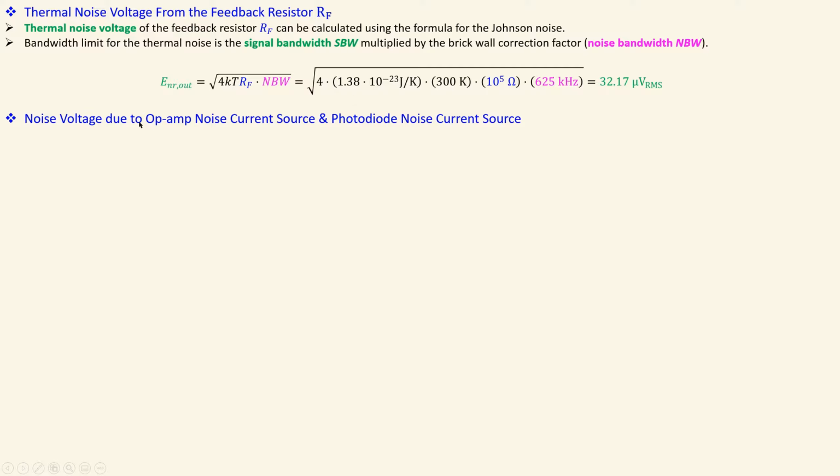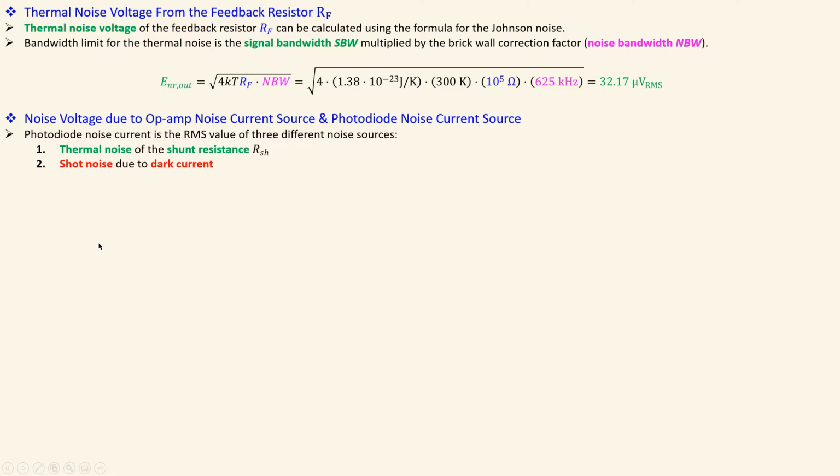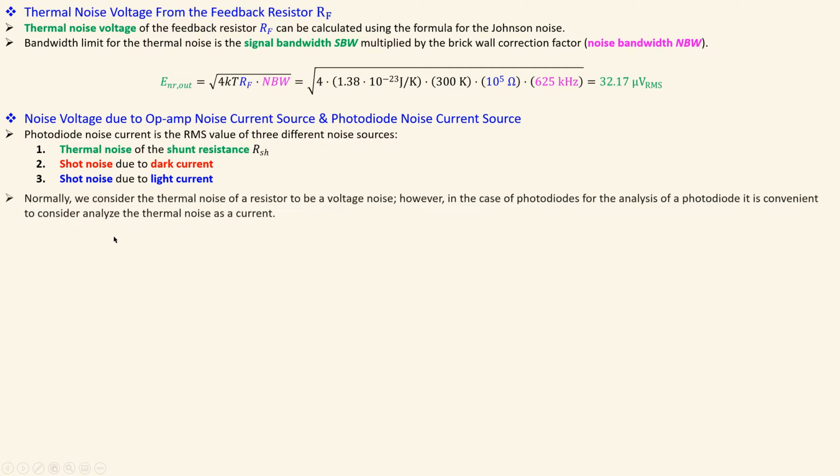Now we have the noise voltage due to the op-amp noise current source and also the photodiode noise current source. Now, the photodiode noise current source is the RMS value of three different noise sources. We already said that. The shunt resistor will generate some noise current, shot noise due to the dark current, and also shot noise due to the light current, which is due to the incident light.